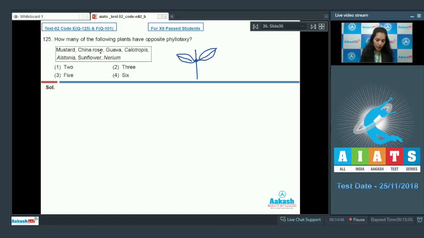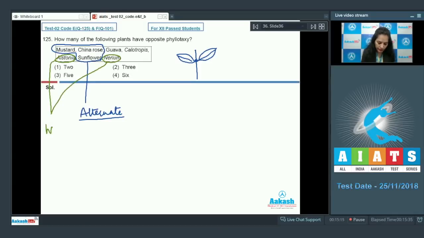Mustard, China rose and sunflower, they have alternate phyllotaxy, whereas Alstonia and nerium both have whorled phyllotaxy.